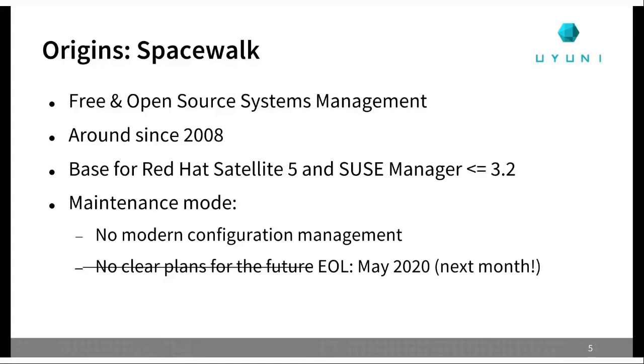Red Hat had decided to ditch Satellite 5 in favor of something else called Foreman, Katello, and Pulp. They split Spacewalk into several components and went with that. That's the base of the current Red Hat Satellite 6. We, on the other hand, continued to believe in Spacewalk, and at some point in 2018, we forked it.